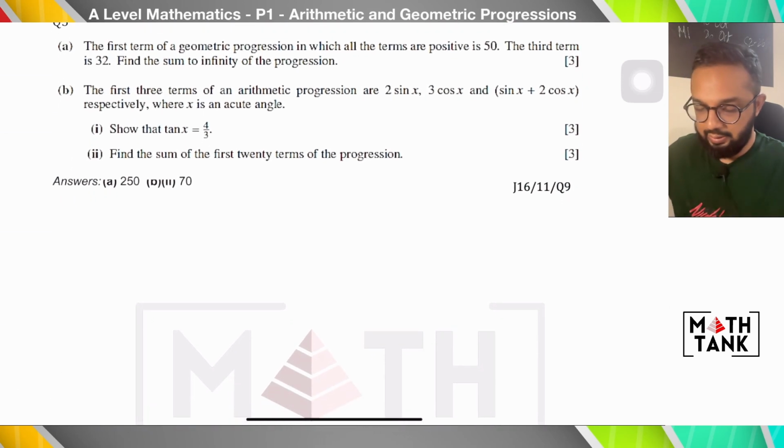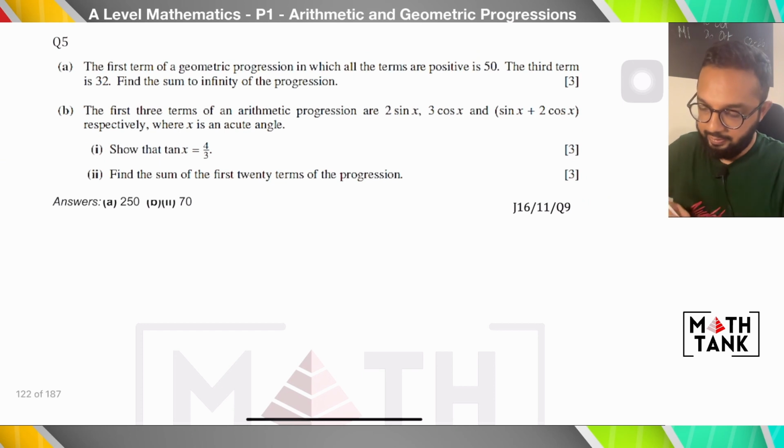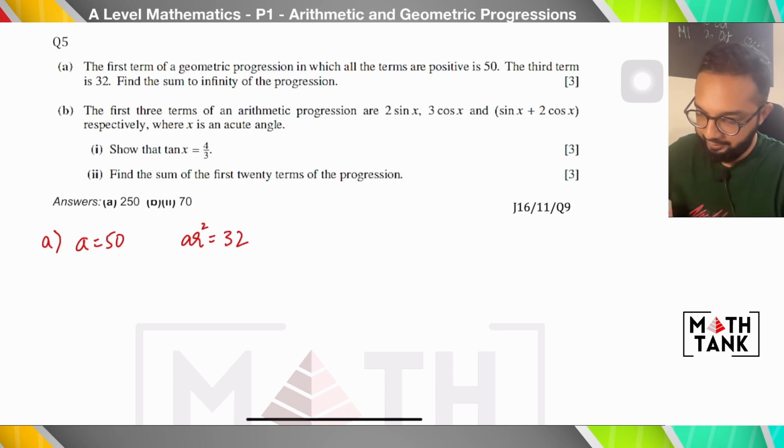Okay, then there's another trigonometry question. It says the first term of a geometric progression in which all terms are positive is 50. The third term is 32, so AR squared is 32. Third term is AR squared, so 50 R squared equals 32.